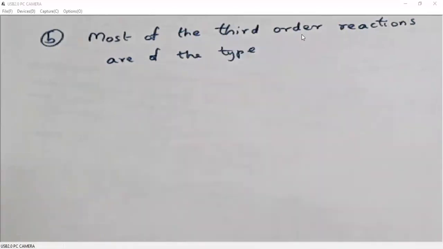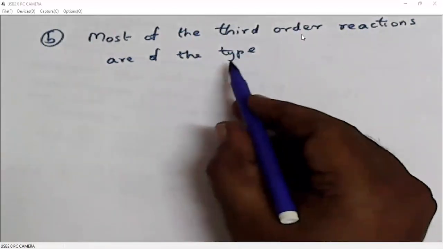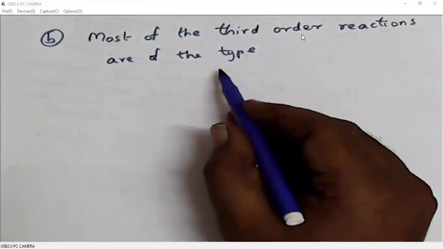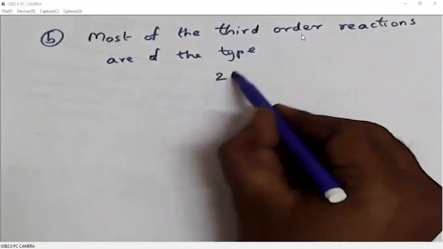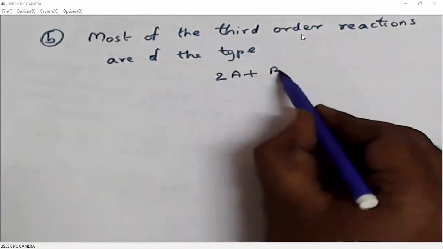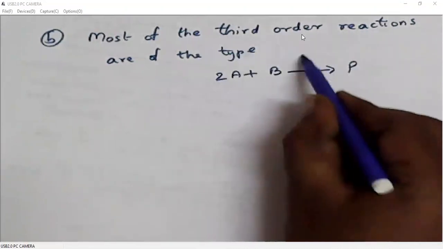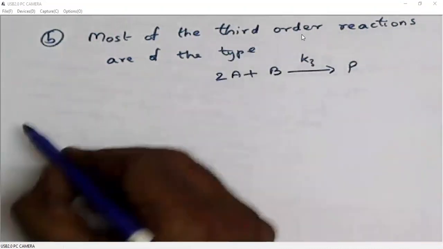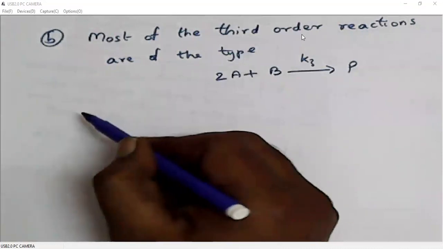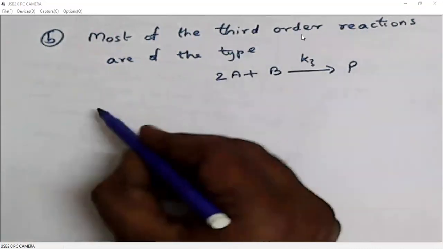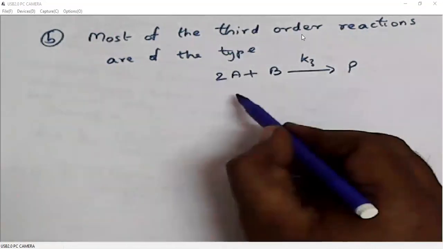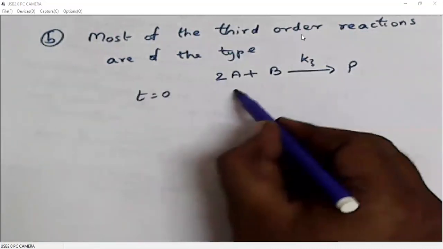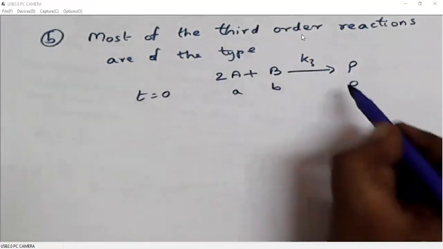Now, most of the third order reactions are not of same concentrations. Most of them are of this type: 2 molecules of A and 1 molecule of B gives rise to P. Now, if we want to derive the integrated rate expression for this, of course, when P is 0, we will start with a, b, and this is 0.